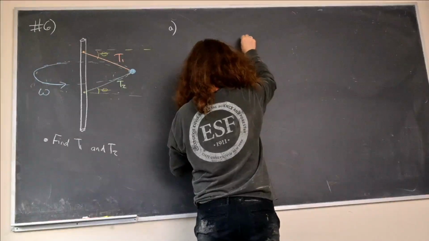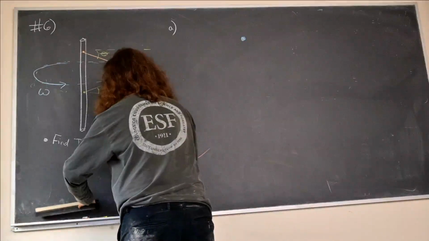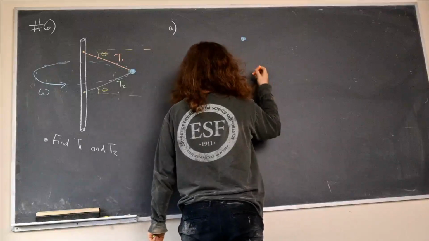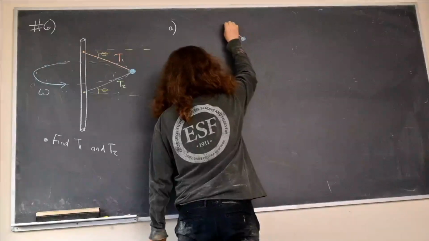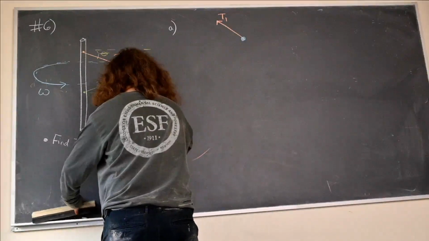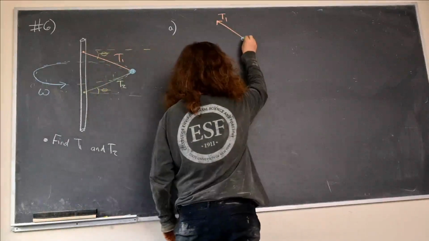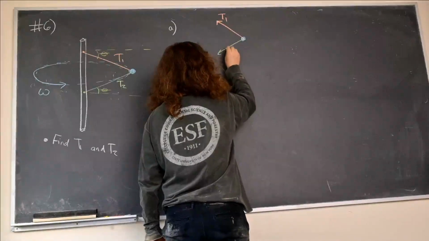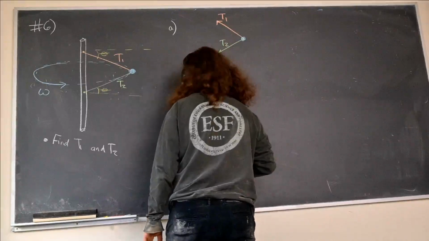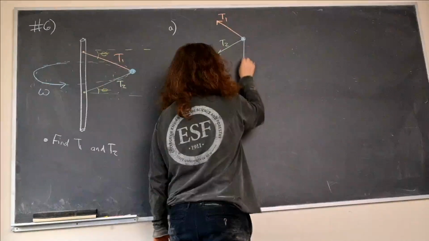Should always err on the side of making these big because we're going to need to do some trig. So we have the tension of the first one going that way, the tension of the second one going that way, and we have gravity going down.